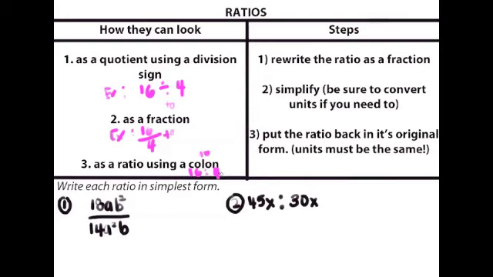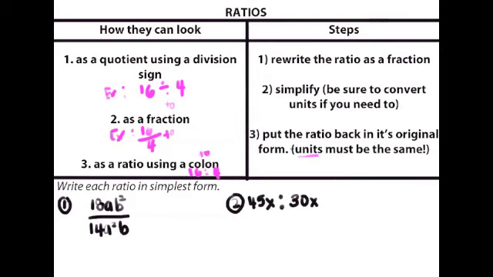You might need to convert units, because to simplify these ratios, they need to be the same type of units. Then put the ratio back in its original form. Again, a reminder: if units are given, the units need to be the same when you simplify and when you give a final answer.